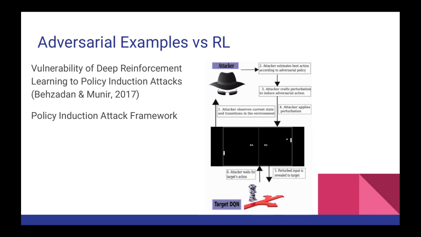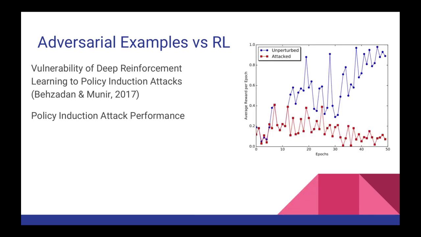And it turns out that this framework actually manages to manipulate the policy learned by the target quite successfully. As you can see, from the 20th epoch onward, the attacked policy completely diverges from the unperturbed policy, and it goes towards zero, which is the adversarial goal.